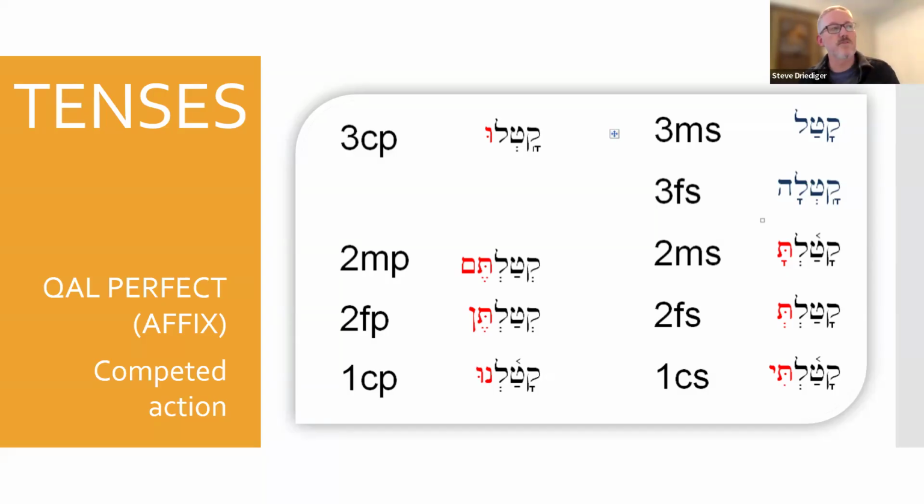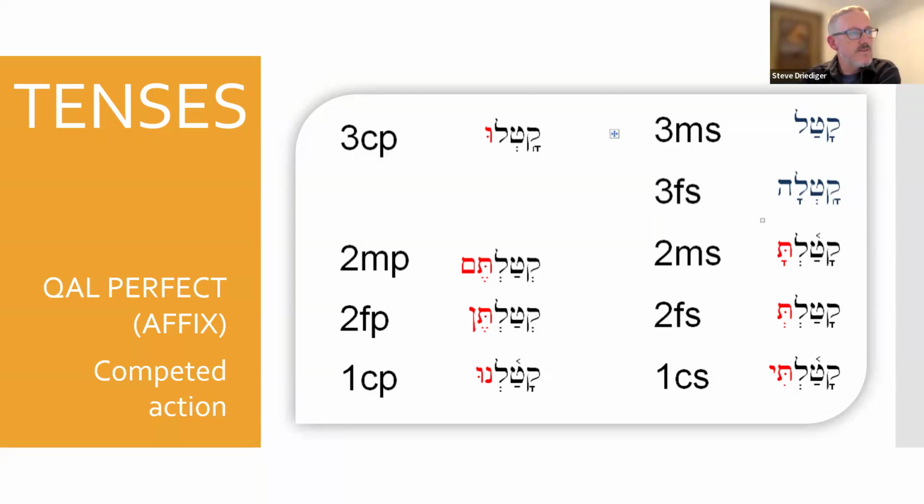If we move over to the plural side, again, we have that qamets with the, I almost had the word, I forget, the qamets with the vertical line, so it's acting like a short vowel. Katlu is the third common plural. Second masculine plural, kataltem.